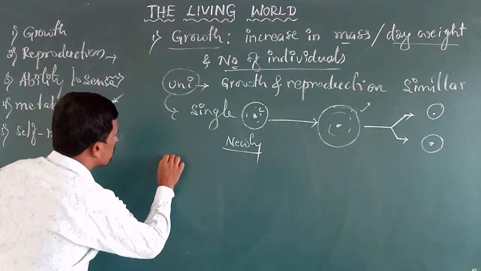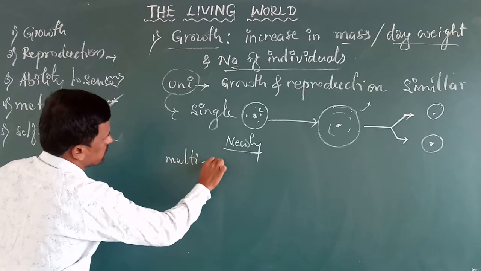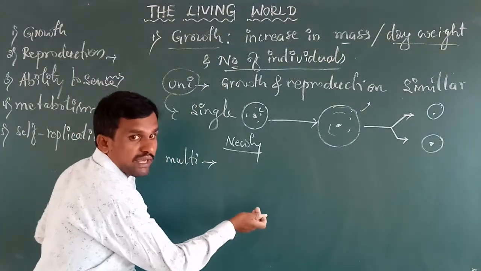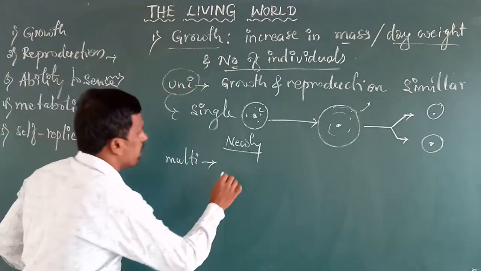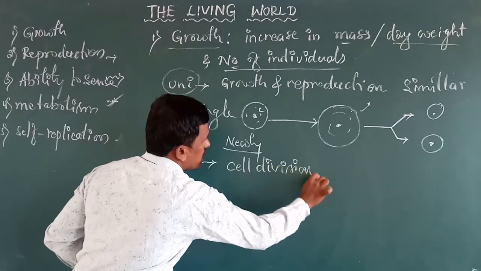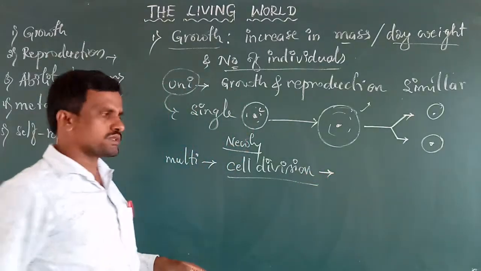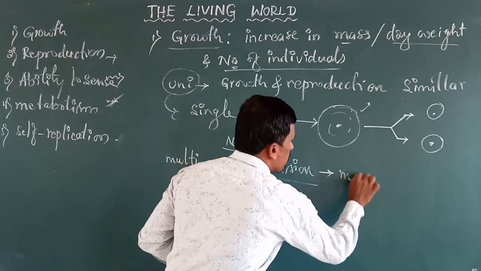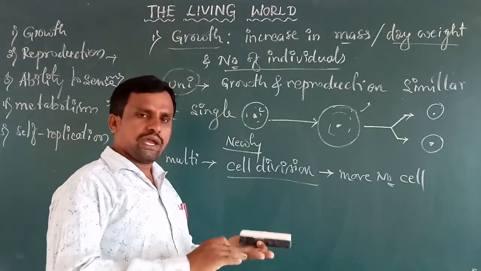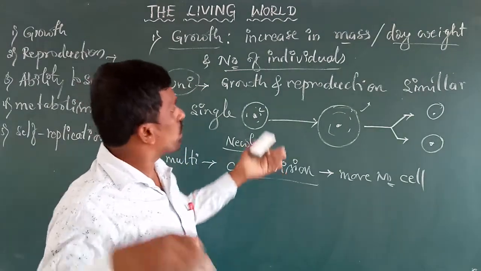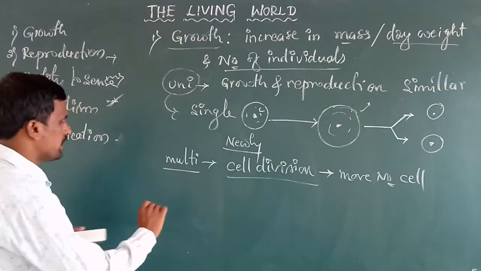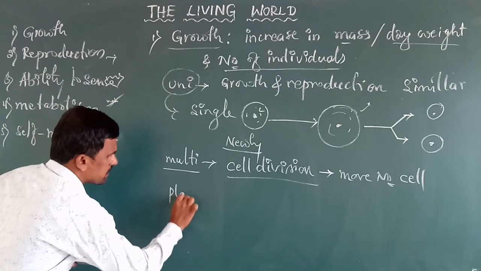Next, in multicellular organisms, growth takes place by the process of cell division in the body, producing more cells and increasing weight, length and mass of the organism.